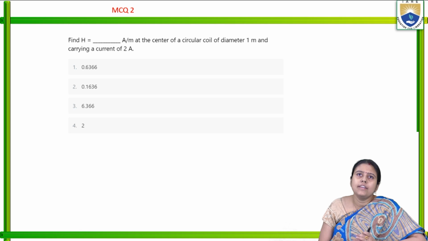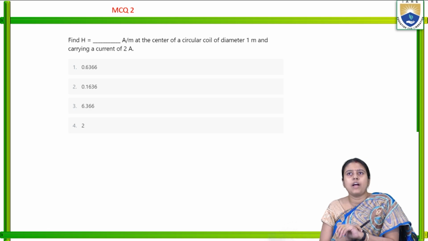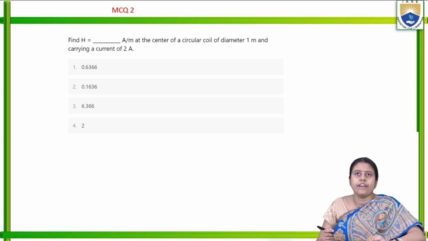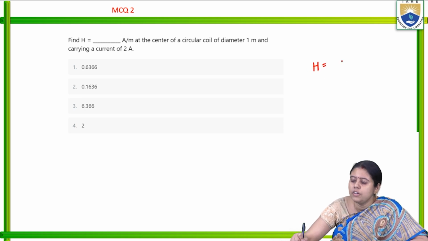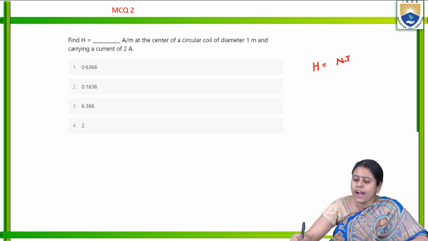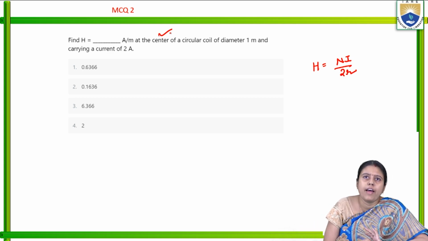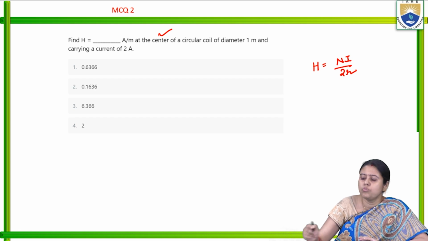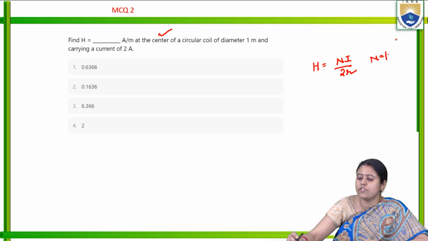Find the H in ampere per meter for a circular coil of diameter 1 meter carrying a current of 2 ampere. So what is the H? H is equal to NI by 2R at the center. Here number of turns is not mentioned, so we are taking it as 1.